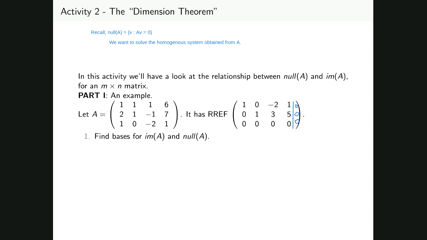Okay, so what we do is we say that here are our parameters. X3 and X4 are parameters. Now we've got X1 is 2x3 minus x4.